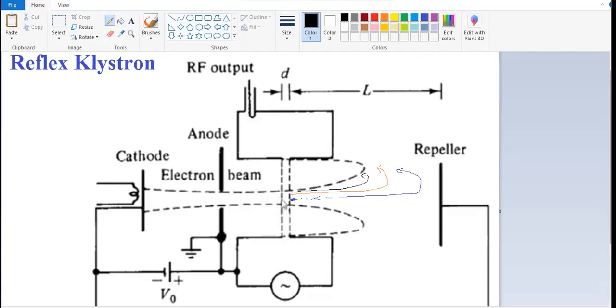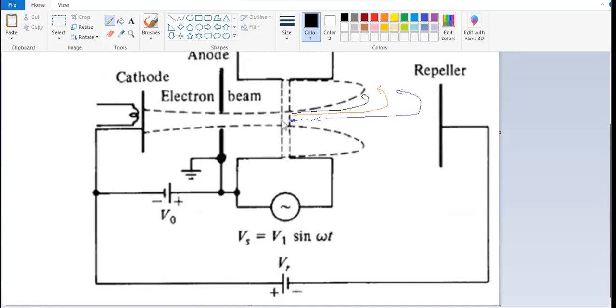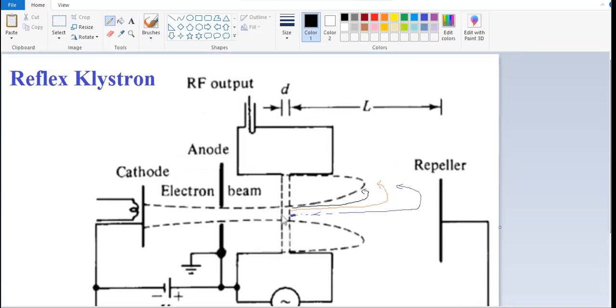Now when you see the complete diagram, this is the distance scale, and this single cavity has this length, that is d. And this is the velocity modulation, or the drift distance, denoted by L, that is from the cavity to the repeller.